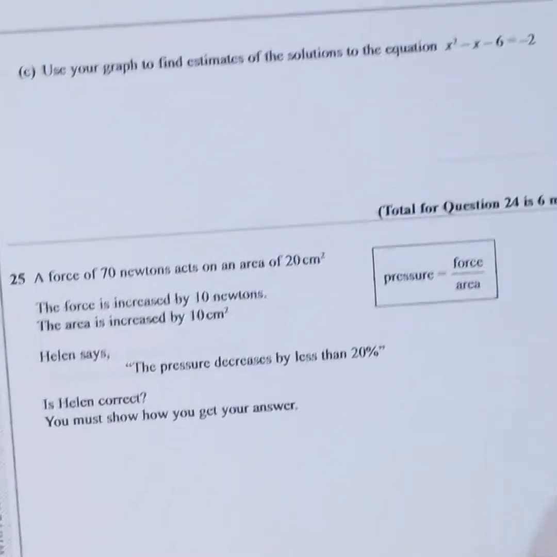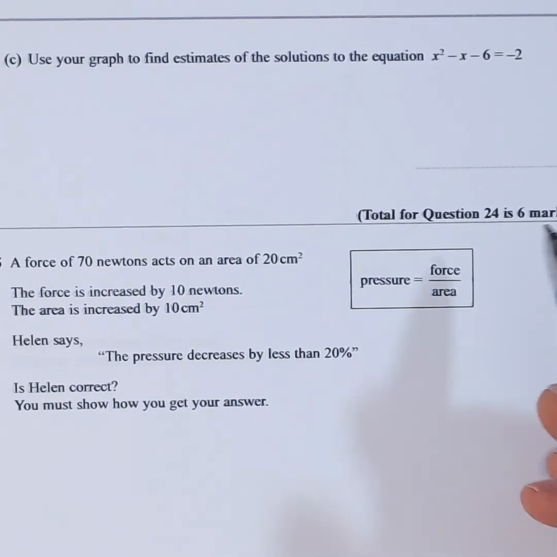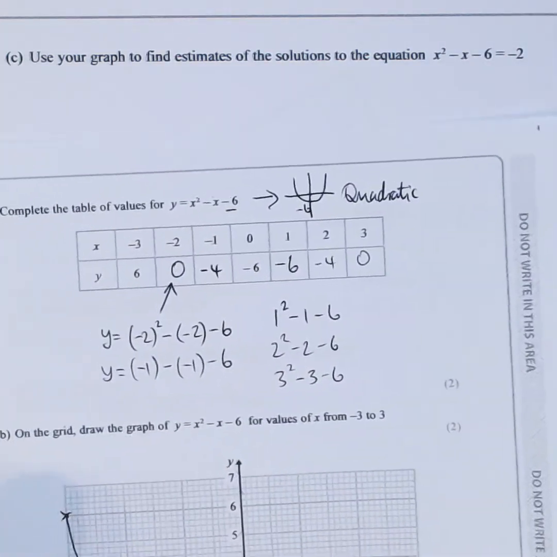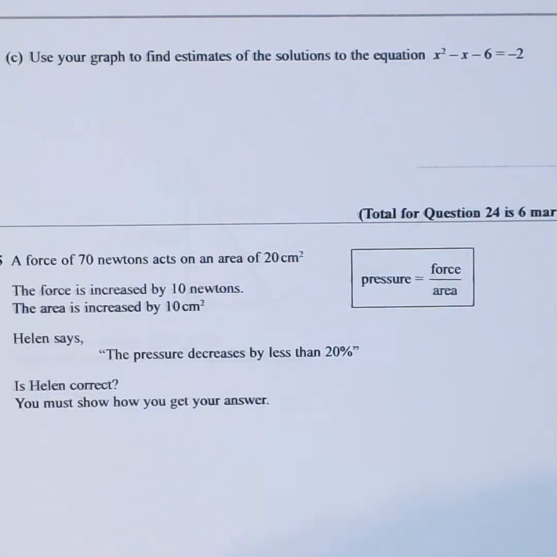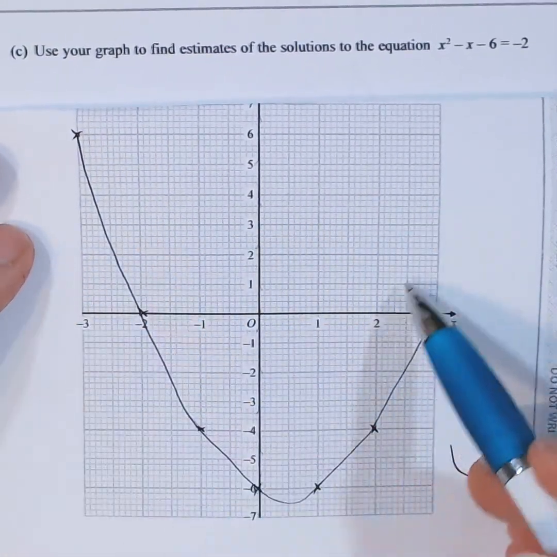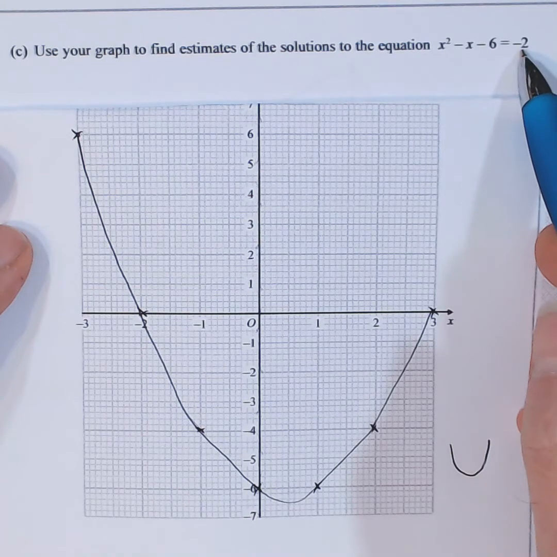And the question went on, and it says use your graph to find estimates for when this happens. Okay, so we have our graph, and it's asking us to find when the answer is -2.